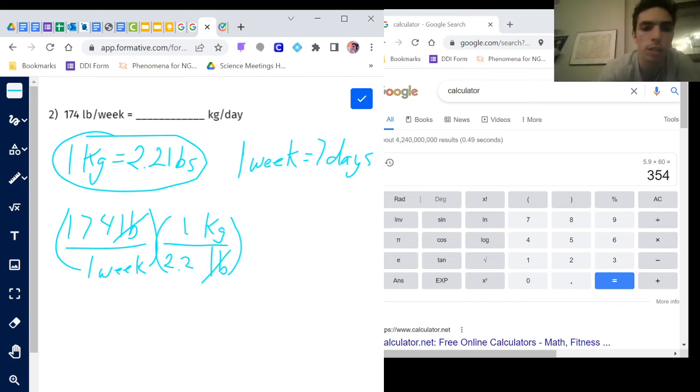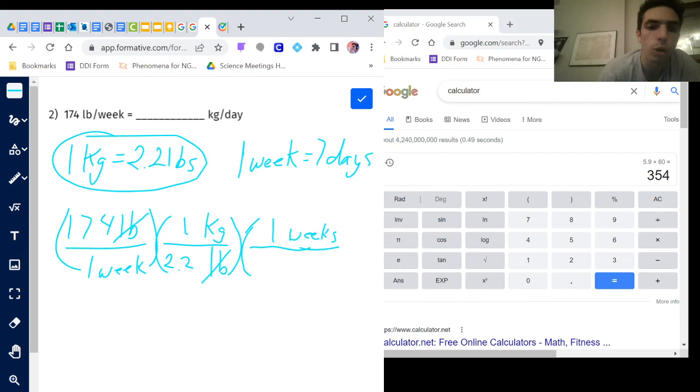Okay, but we still haven't converted and gotten rid of weeks, right? We want weeks to become days. So right now, in this given unit, the 174 pounds per week, the week is in the denominator. So in our conversion factor, we need to put weeks in our numerator so that those will cancel out.